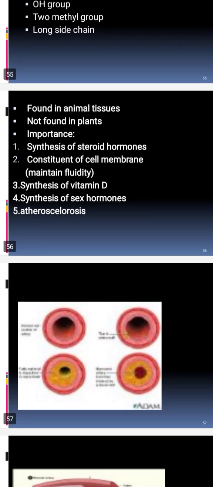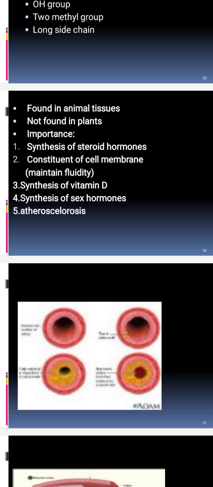Cholesterol is found in animal tissue, so it's not in plant tissue, it's in animal tissue. Its importance is that it has a role in the synthesis of steroid hormones, in the synthesis of vitamin D, and in the synthesis of sex hormones.